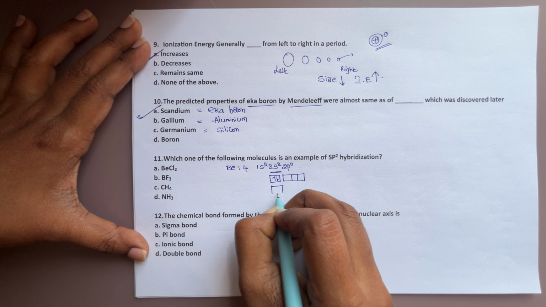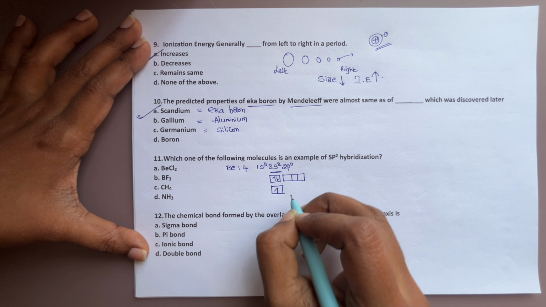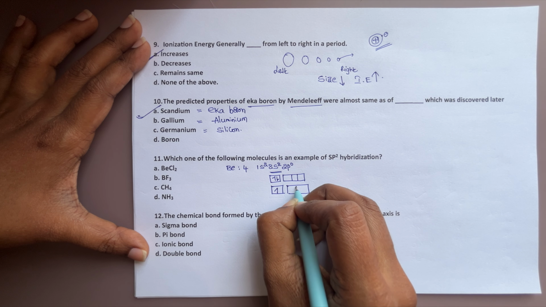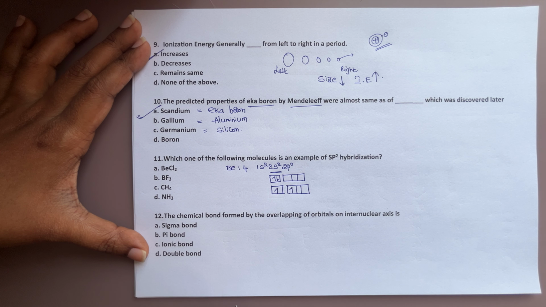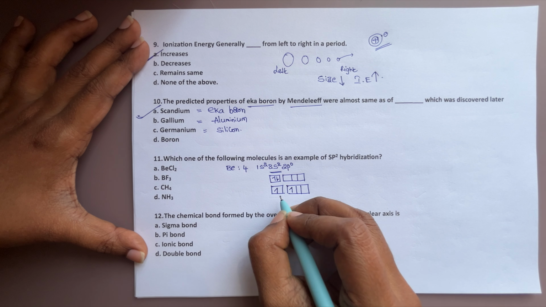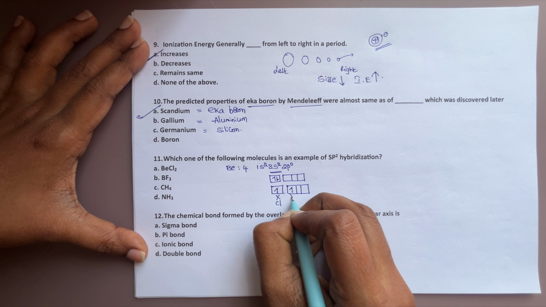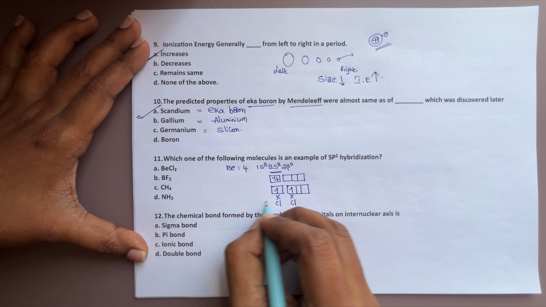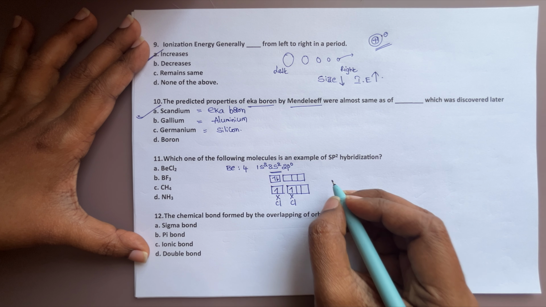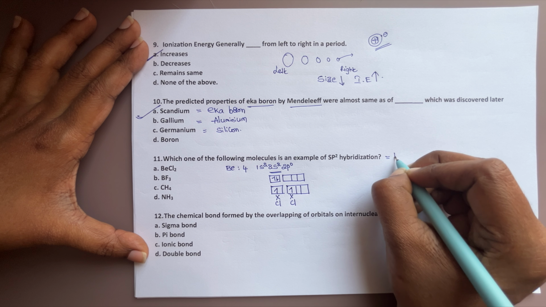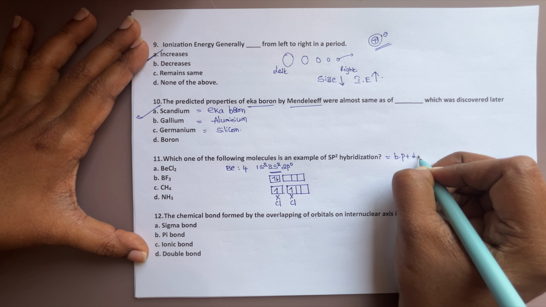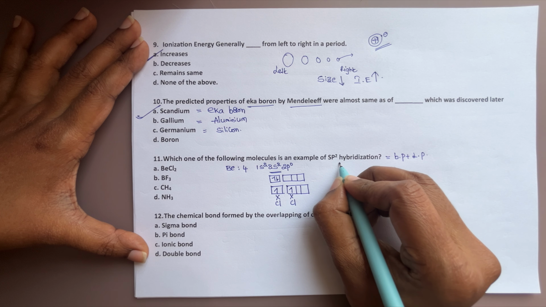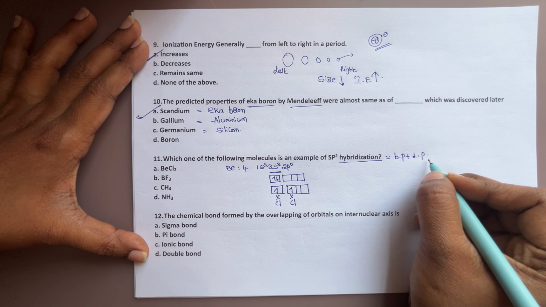But in the first excited state, one electron jumps from the 2s orbital to the 2p orbital. And then what happened? Chlorine shares the electron with this beryllium and forms two bonds. So here hybridization is nothing but bond pairs plus lone pairs.